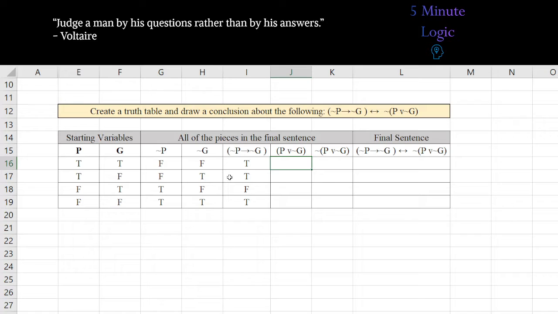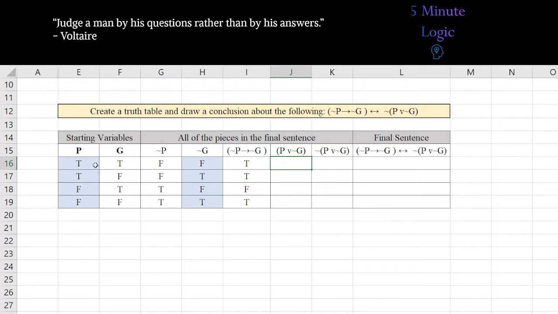Now let's look at the next one. P or not Q. Now we have to be careful here. We're looking at P, this column. Let's throw a little color on there. And we're looking at not Q, which is this column. Let's throw some color on there. So let's just make sure we know the rule here. The rule for or is one of them has to be true. If P is true, or if not Q is true, the whole sentence is true.